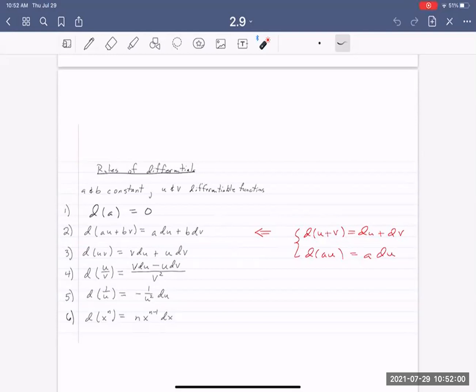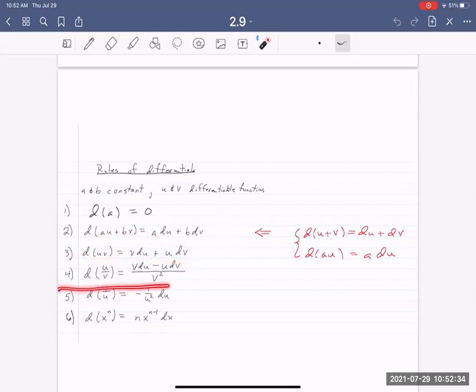We also have the product rule. d of u times v is v du plus u dv. This is actually the integration by parts formula, which is the very first topic or second topic that you talk about in Math 262, your next class.